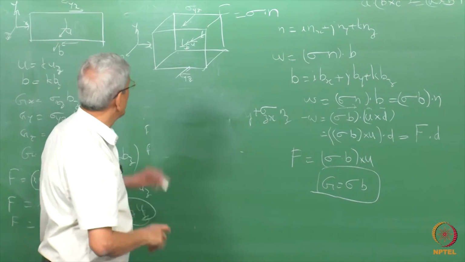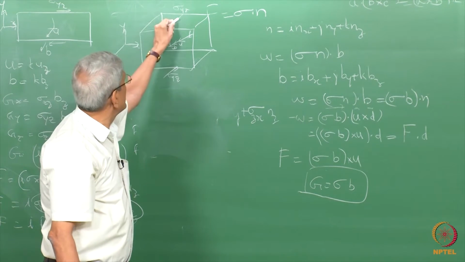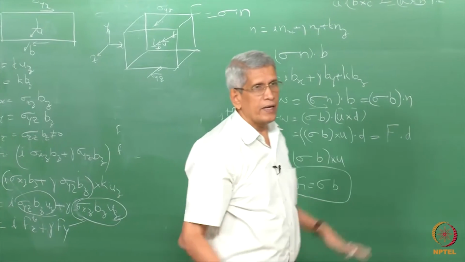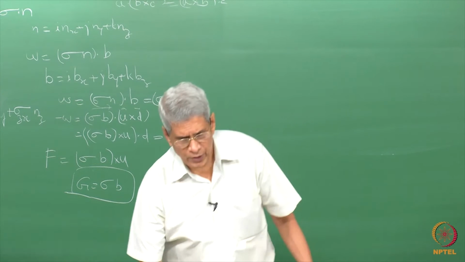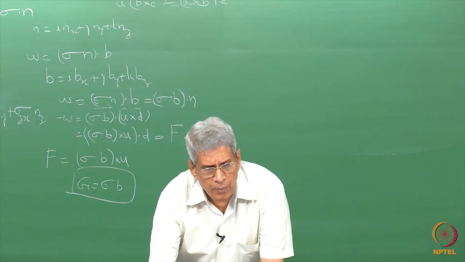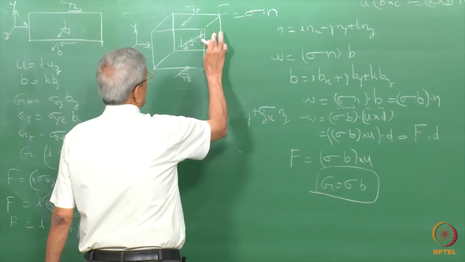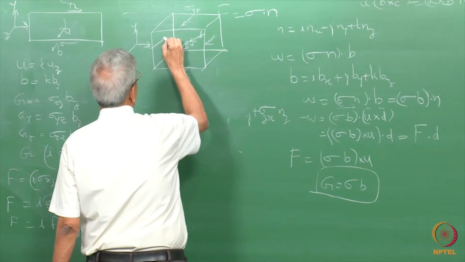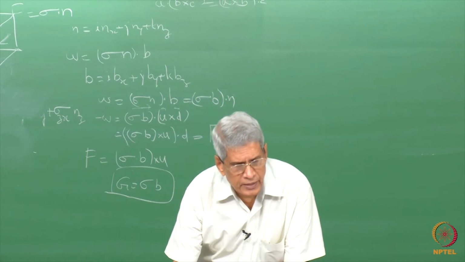Now what we are finding is that the force is going to act in the x direction, correct? When sigma yz stress is applied on this plane, the force is in this direction. Suppose the stress which is applied is sigma xz. Sigma xz means that on the x surface in the z direction we are applying a shear stress. When that stress is applied in this way, the force which is acting is given by only the second term, that is Fy.